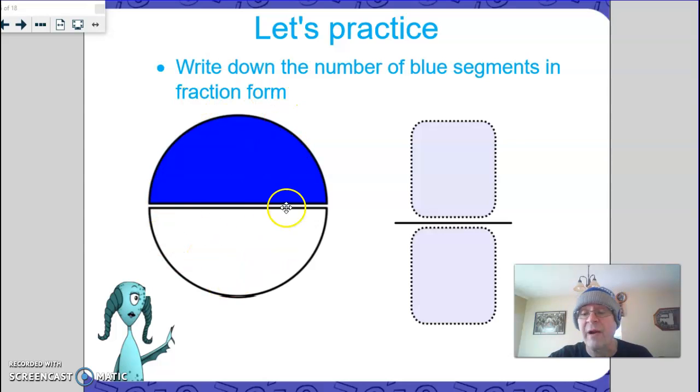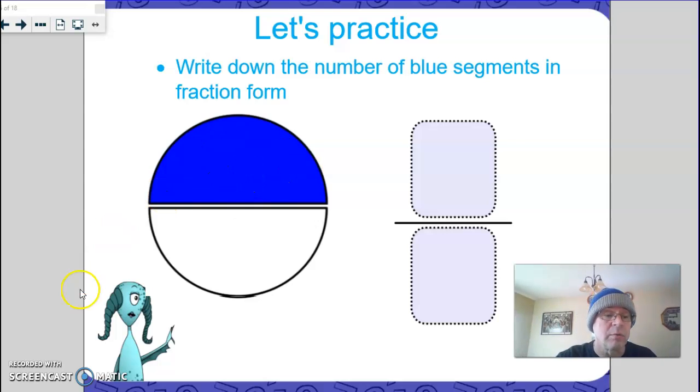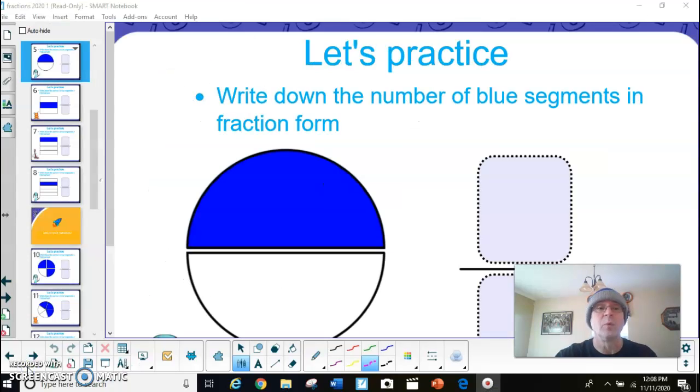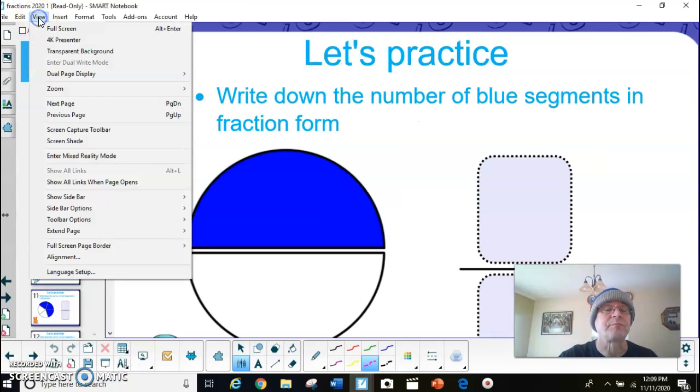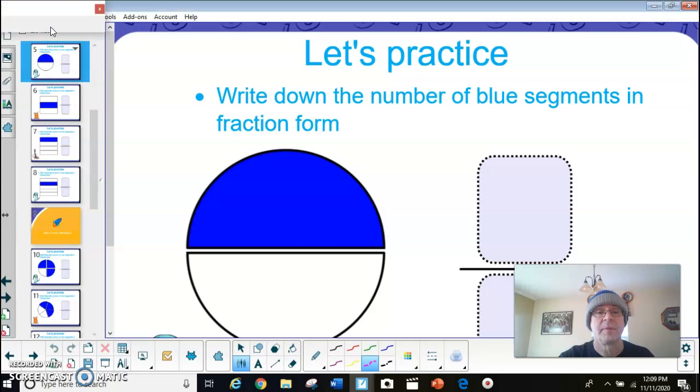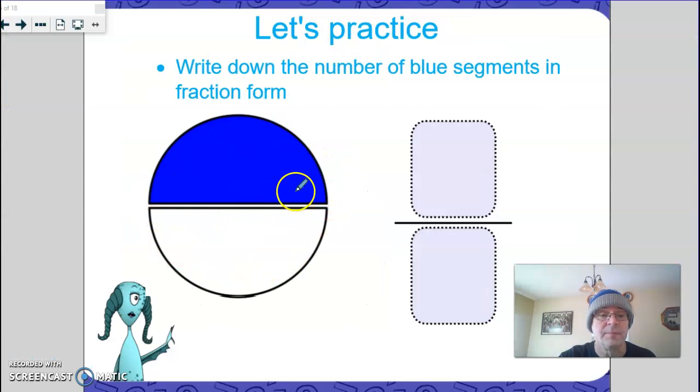So let's take a look at a very easy fraction here. We've got a circle, right? And we're going to talk about the blue part. Now, to find the bottom number, the denominator, that tells us how many of these pieces it takes to make a whole thing.